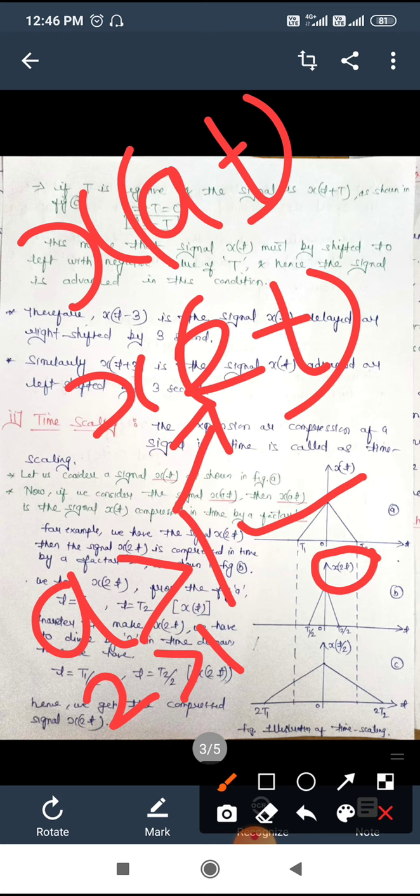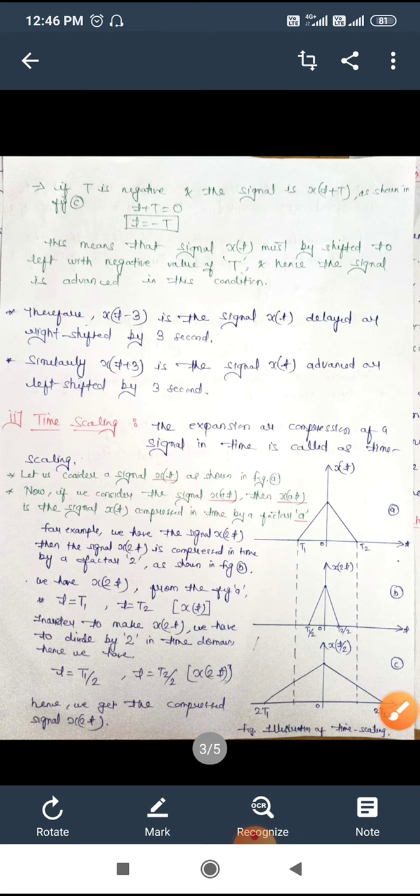Hence, from the earlier rule, when a is greater than 1, your figure must be compressed in this case.